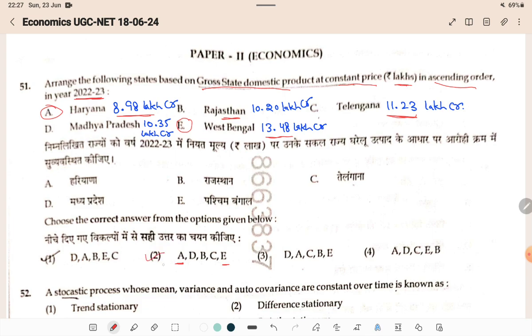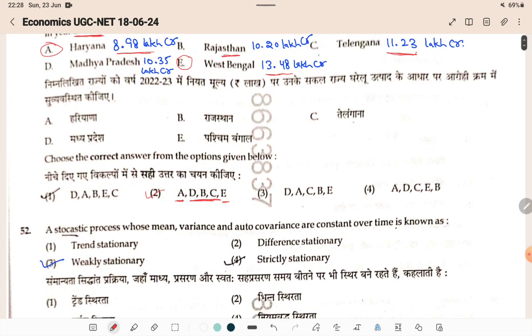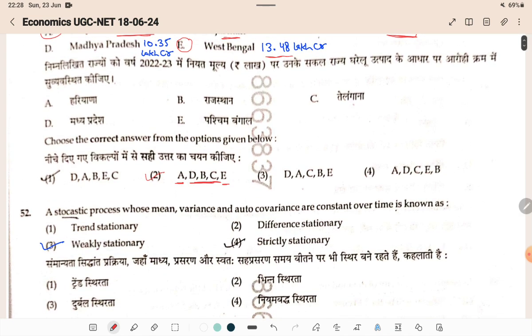We can make this option correct because we are not confirmed about D, B, C, as in the data there is a mismatch in the given options. So if I choose, then I'll go with the second option.